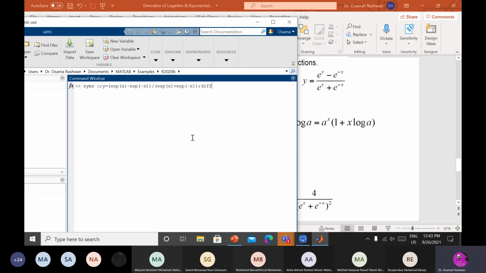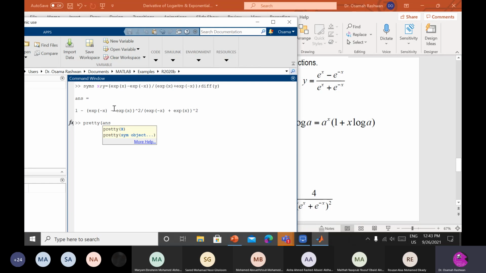What is the command? diff, open bracket, for what? For y. Sorry, diff y, if I'm looking for the first derivative. If I would like to write it in math mode, I just type the pretty command for ans, because this result is called ans.